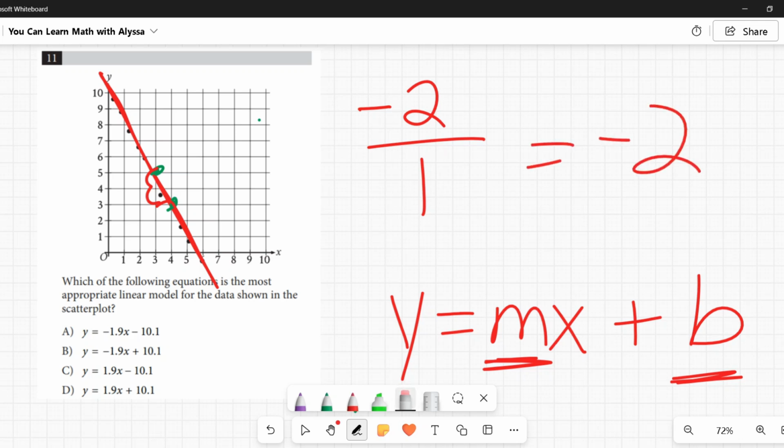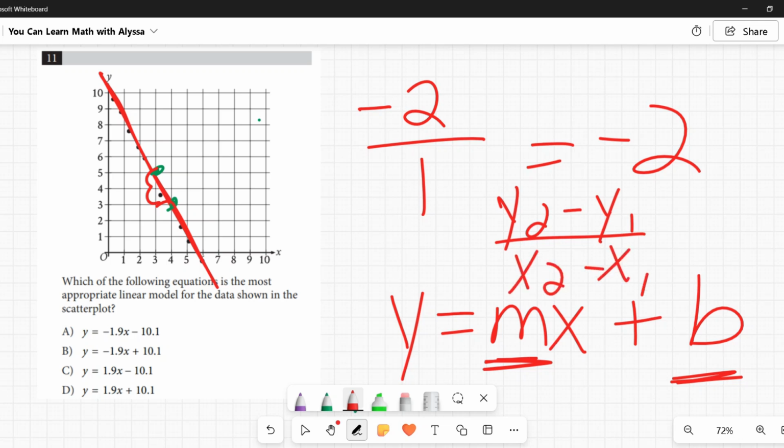The equation you'll also see in your math class is y2 minus y1 over x2 minus x1. It's where you pick those points and plug them in. So this first point would be 3, 5, and the second point is 4, 3.